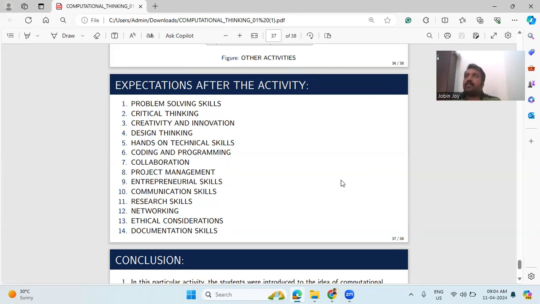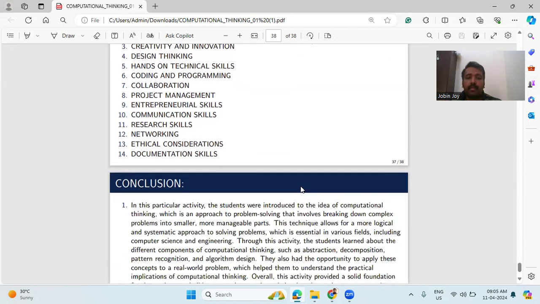Design thinking, understanding the problem, design new ideas, new products, new services to the customers, using your creativity, innovation, thinking out of the box. Critical thinking, asking for evidence. Why are you saying like this? Where is the evidence? Show me the evidence. Solve the problem, understand the problem, define the problem. So these are some of the expectations from you after finishing this activity.